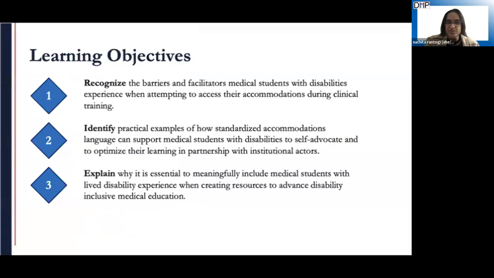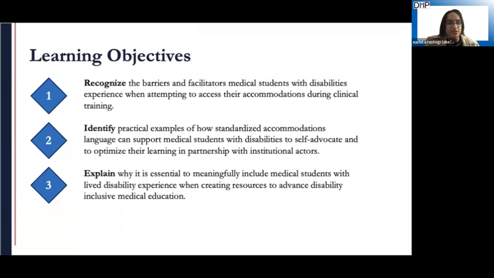Okay, so now zooming into today's presentation, I'd like to share our learning objectives for the evening. By the end of this webinar, you should be able to first recognize the barriers and facilitators that medical students with disabilities experience when attempting to access and implement their accommodations during clinical training.